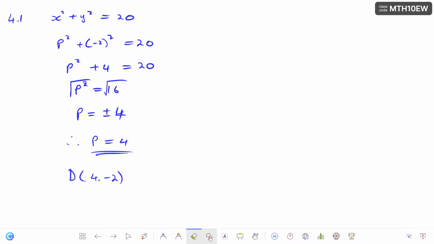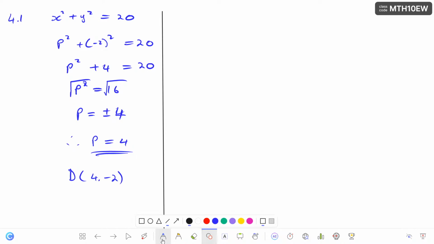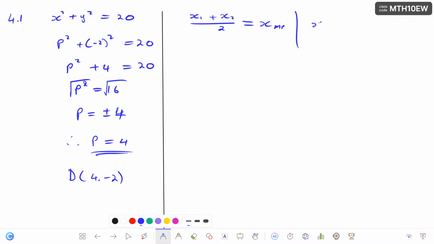So we're going to say x1 plus x2 divided by 2 is equals to x midpoint. Then the other one is going to be y1 plus y2 divided by 2 is equals to y midpoint, right?